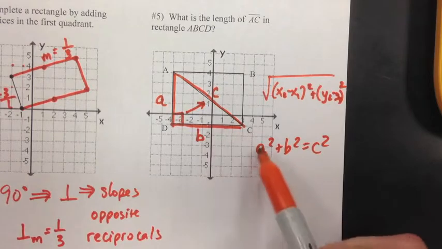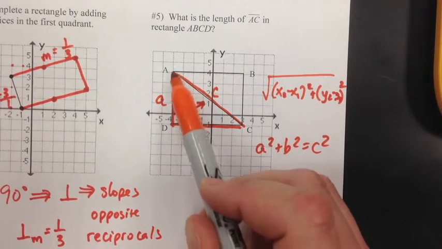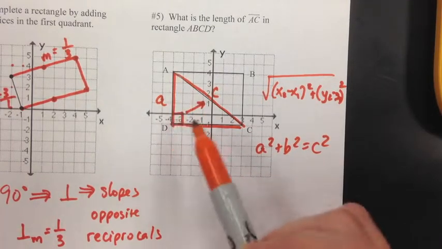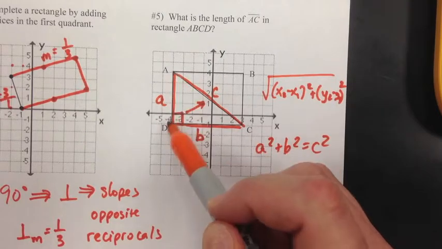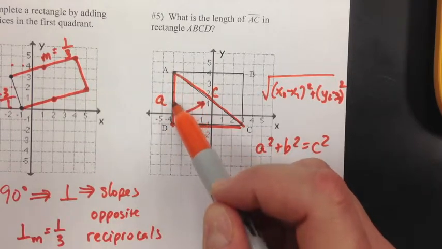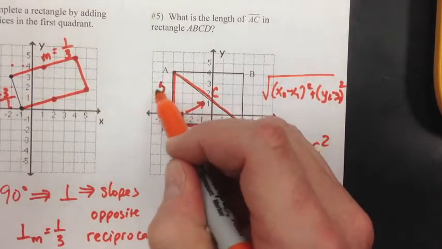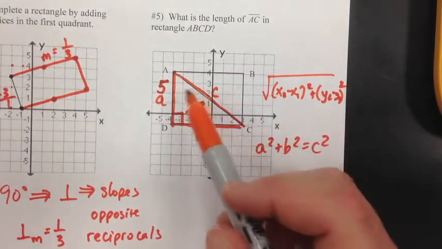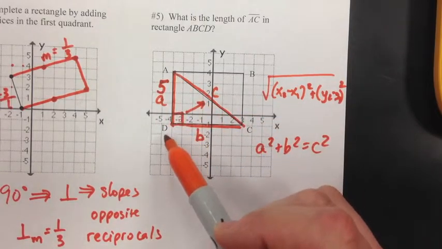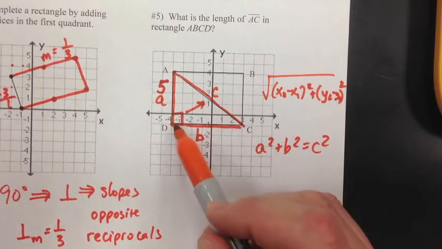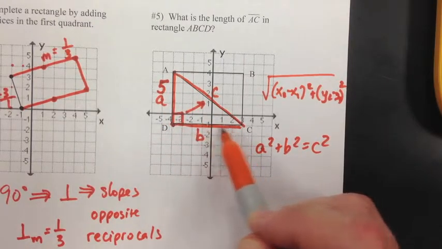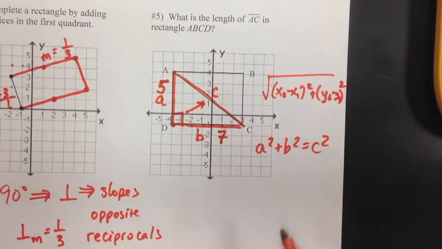The reason why I would do this is because we can figure out this length. Just count it. If I go from A to D, I would go 1, 2, 3, 4, 5. That distance is 5. Now, I did go down, but I don't need to worry about negatives. I'll just keep everything positive. And then the distance from D to C is 1, 2, 3, 4, 5, 6, 7.